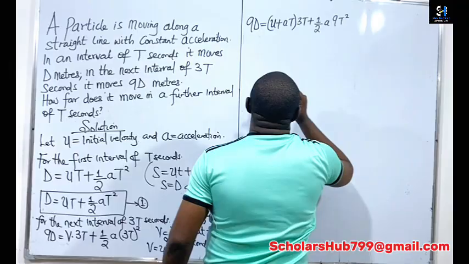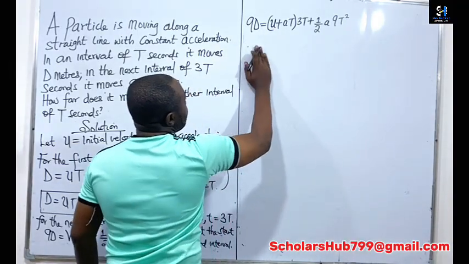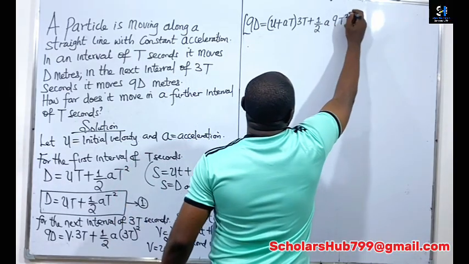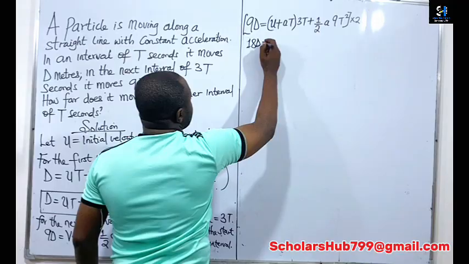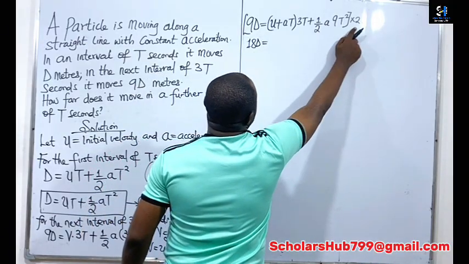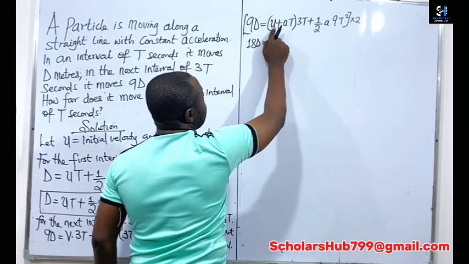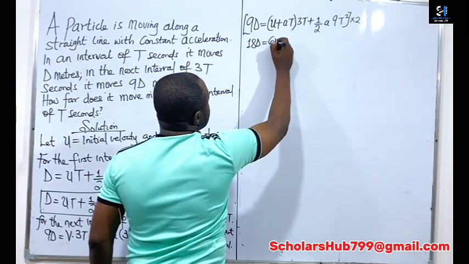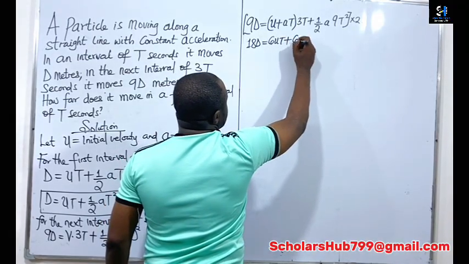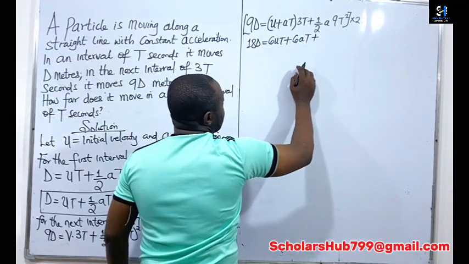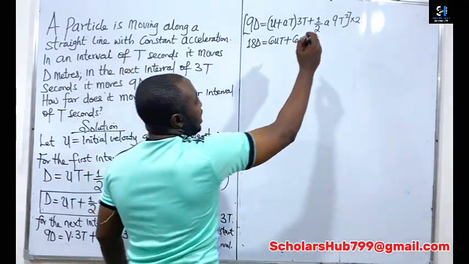Now let me multiply this by 2. So this will be 18d equals 2 multiplied by 3t, that will be 6t; 6t multiplied by u is 6ut; 6t multiplied by at is 6at squared; plus 2 multiplied by 1/2 of a times 9t squared.